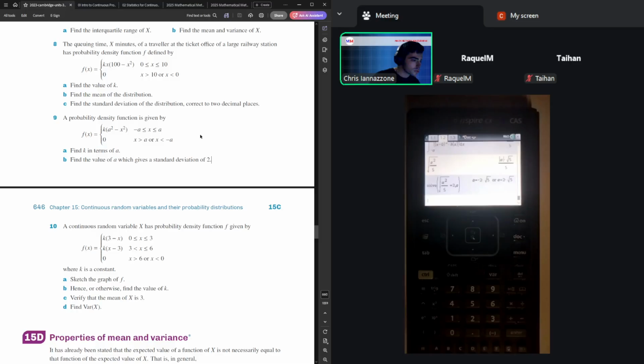Only one of those values is going to make sense. Do we take the positive or the negative? Why? Think about what implied restrictions on a there are.